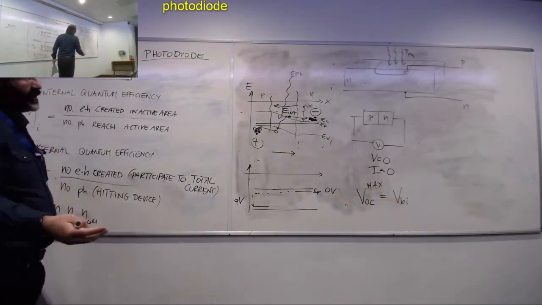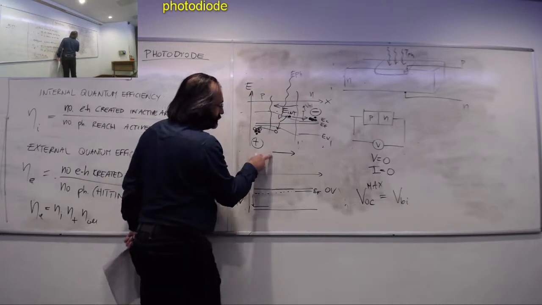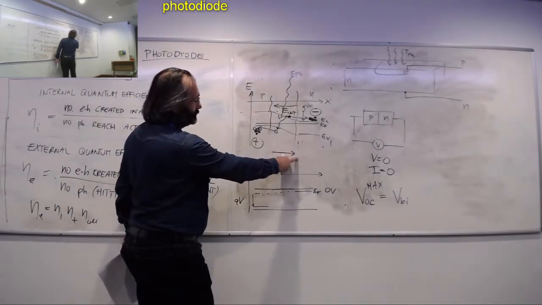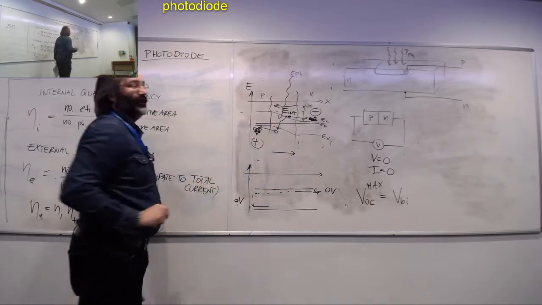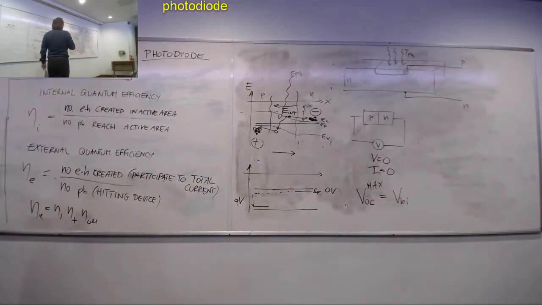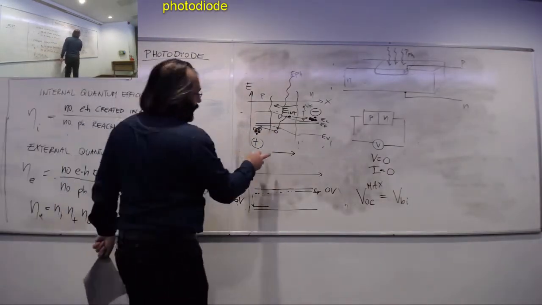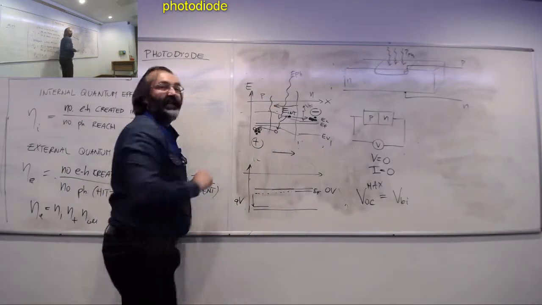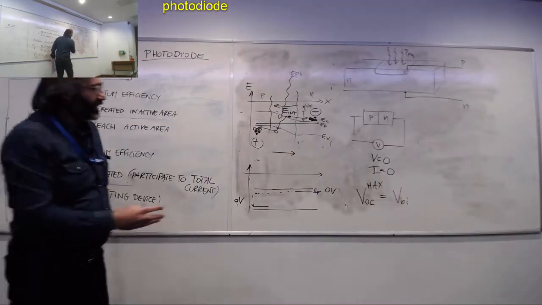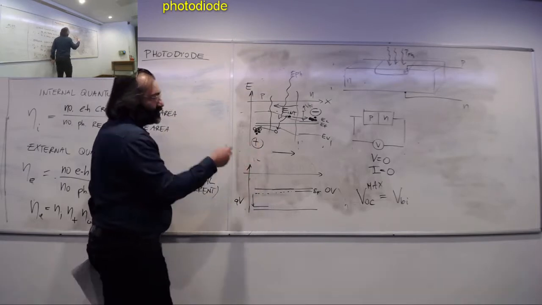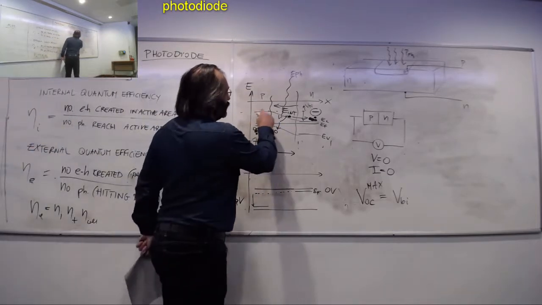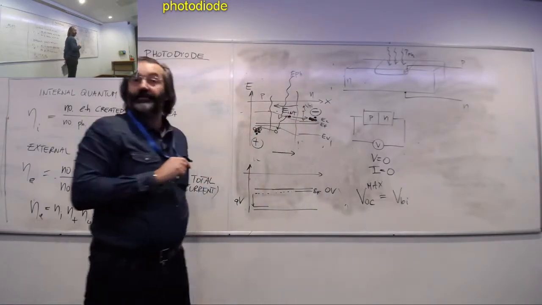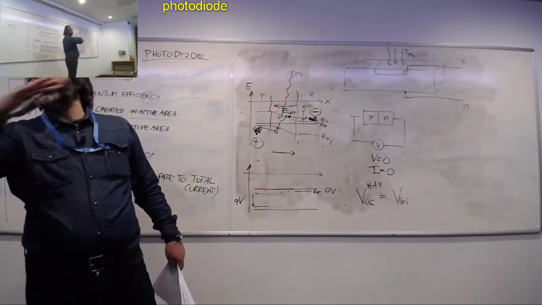This extra charge will create an electric field that goes in this direction. So it opposes that one. Now, an electric field that opposes that one, what it does is, as we said, the total electric field relates to the shape of the bands, to the slope.